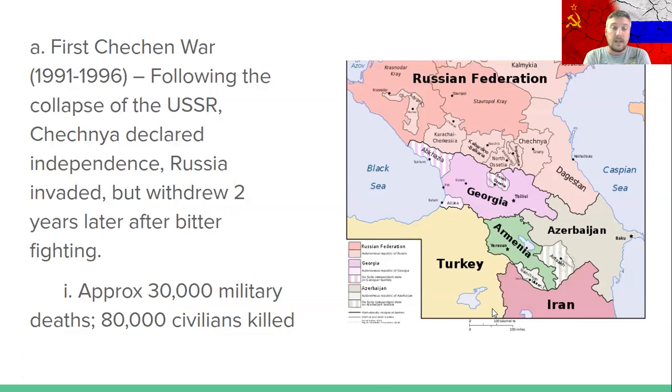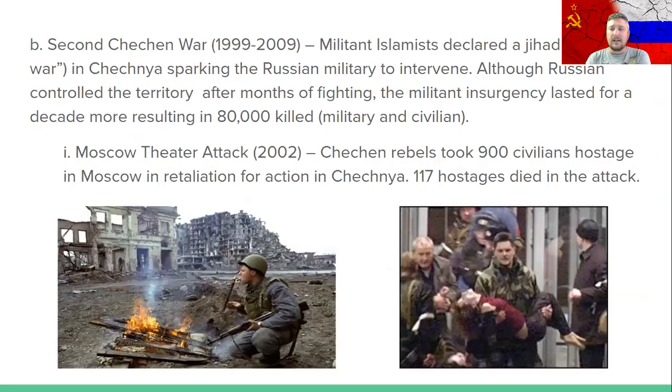And so they attempted it, but Russia intervened and said that, no, you're not going to be leaving us anytime soon. So they invaded, and you can see there the fighting lasted for 2 years. Approximately 30,000 people died on the military side. The Russians were extremely brutal with the bombing campaigns in Chechnya, and so 80,000 civilians died there in this war.